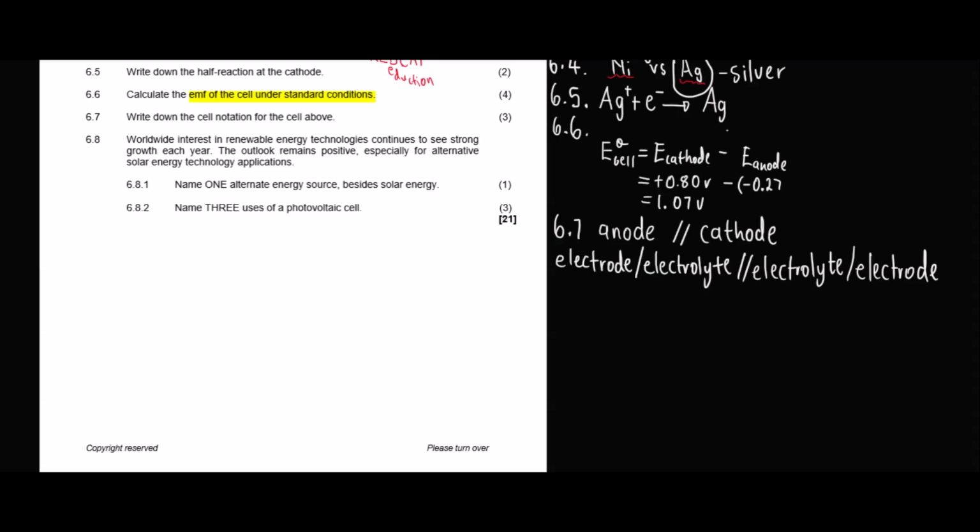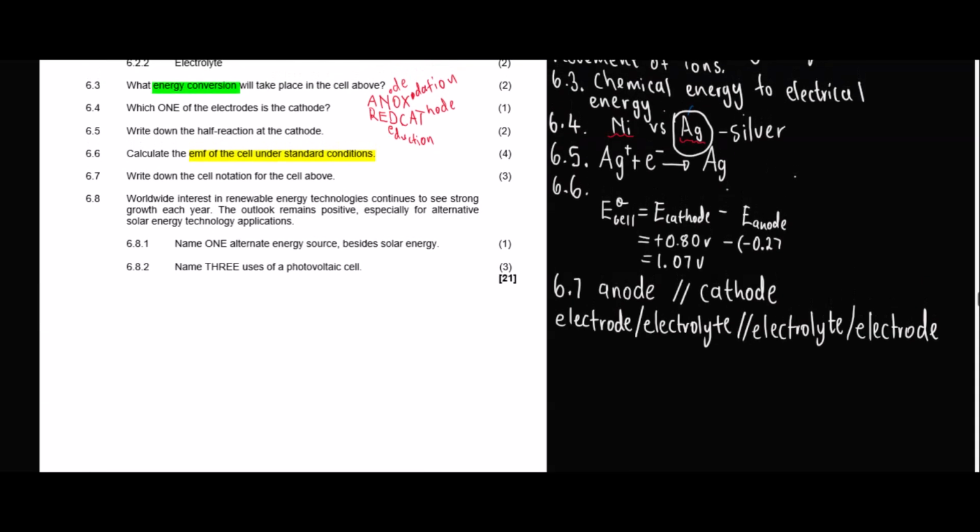We looked at the anode, then what is the electrode in the anode? It's nickel. You can write that it's in solid form, and you can write nickel 2+. That is the electrolyte. It's in aqueous form.